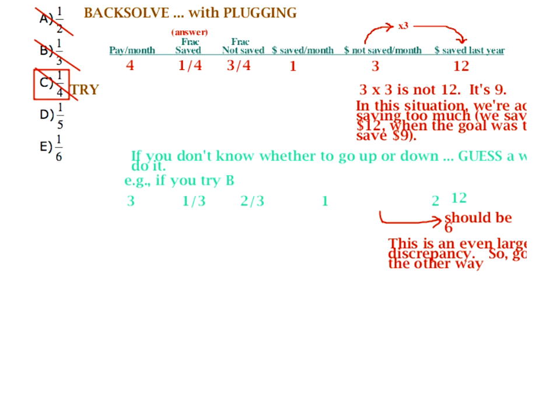See, it's not that bad. Don't sit there thinking about it forever. So let's try D. Let's just make it $5 a month. So then these fractions are 1/5 and 4/5. That means you're saving $1 a month and not saving $4 a month. 1 times 12 is 12.